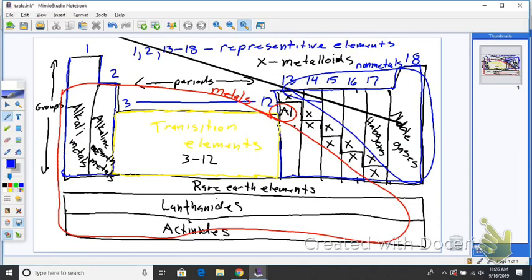Hydrogen up here would be included in that. So that's kind of the geography of the periodic table: metals, metalloids, and nonmetals. And then we also have some families that we'll get to specific characteristics of later. But that's the periodic table and the general characteristics of those types of things.